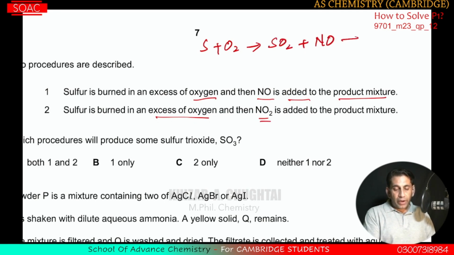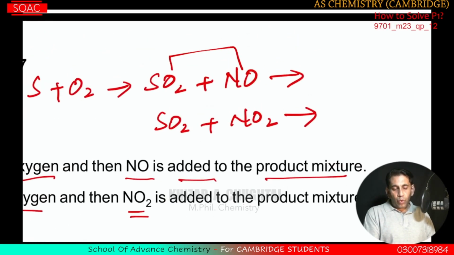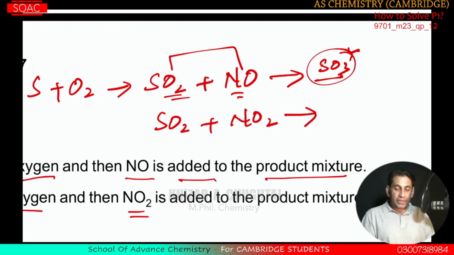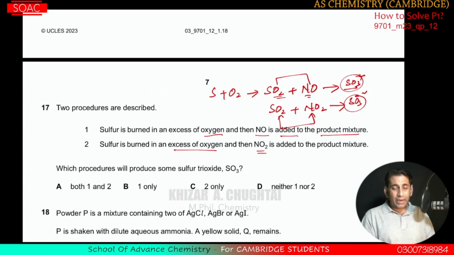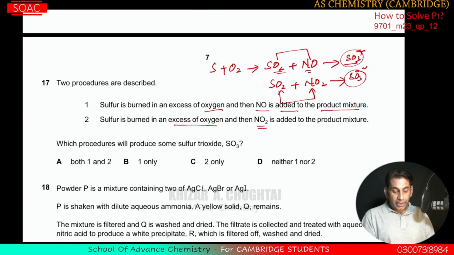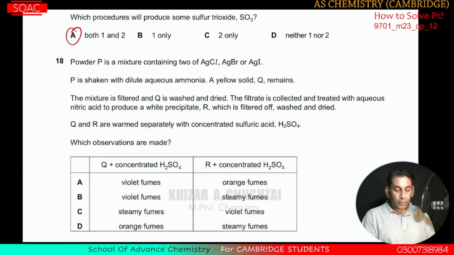Then when NO is allowed to react with it, there is a redox reaction basically. Yes, NO and SO2 can meet together to make SO3. Sulfur trioxide formation will take place. It's possible, yes, it is true. Same is the case with NO2, and there is the formation of SO3 as well. So in both cases, sulfur dioxide can be changed into sulfur trioxide. In both cases, I mean A is the correct option.